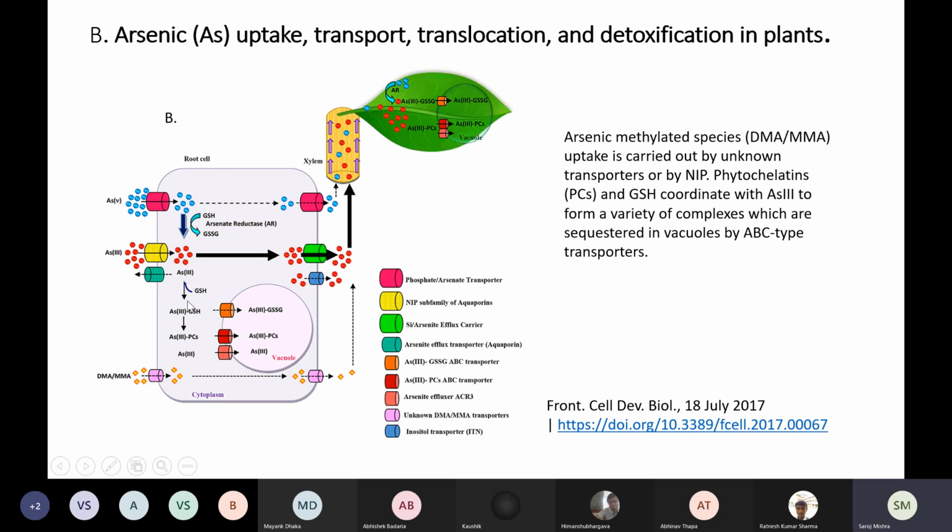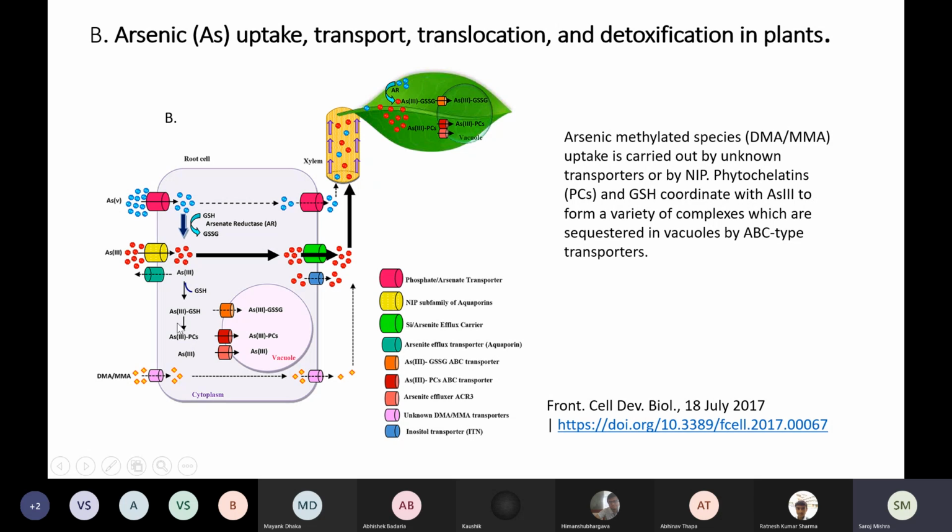After that, this arsenite will combine again with the reduced form of GSH. And now you see that there is a complex which is formed, or it can also combine with these PCs, which I told you are the plant chelators, which are already present in the cytoplasm, as shown to you in the last slide.